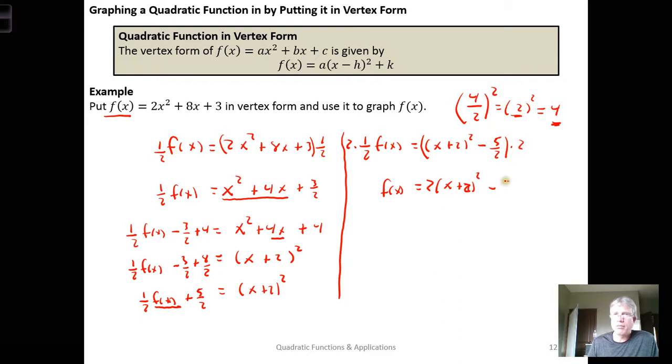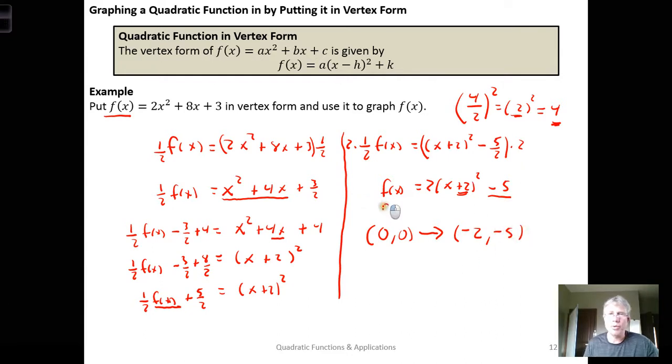minus 5. And then I can read from this directly the location of the vertex. So the vertex, which is usually the origin, right? The vertex is usually the origin, but the origin gets moved via function transformations. It gets moved, I have a plus 2, so it got moved 2 to the left and down 5.